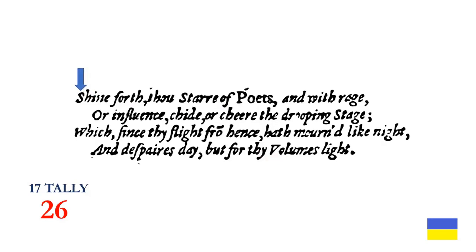If we count the number of letters and spaces from the uppercase S in shine to the uppercase S in star, we see that there are 17 characters and spaces before star. Once again, Jonson is telling us to associate 17 with the poet because he is the star of poets.